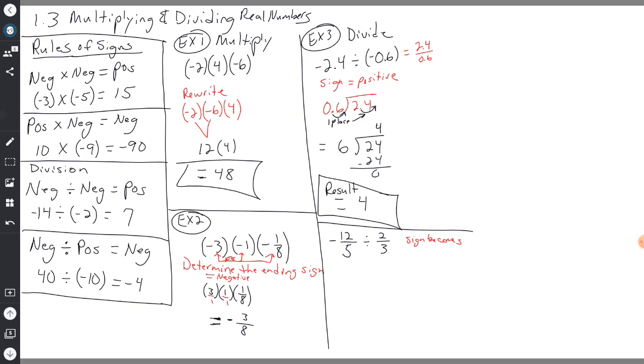So the sign becomes what in the answer? So now that we know that, what about division of fractions?